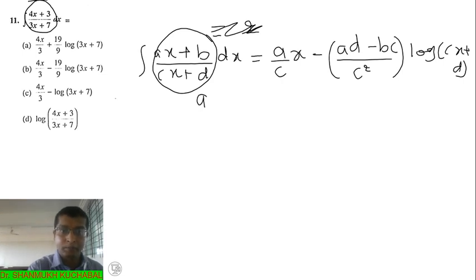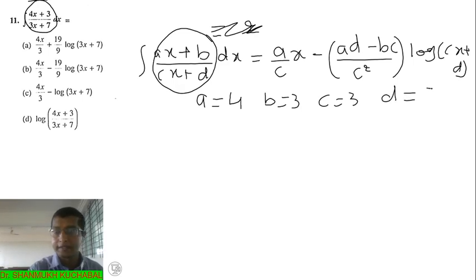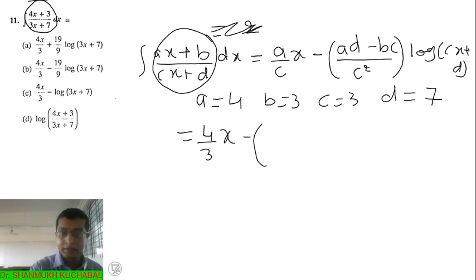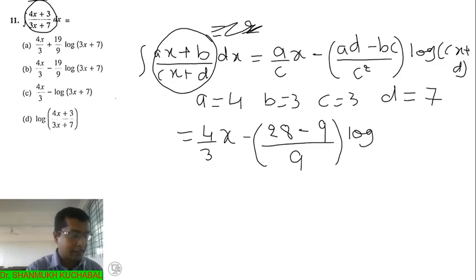So by comparing, a equals 4, b equals 3, c equals 3, d equals 7. Substituting these values, the RHS becomes 4 by 3 x minus (ad, that is 28, minus bc, 3 threes are 9) divided by c square, that is 9, log of cx plus d, that is 3x plus 7.